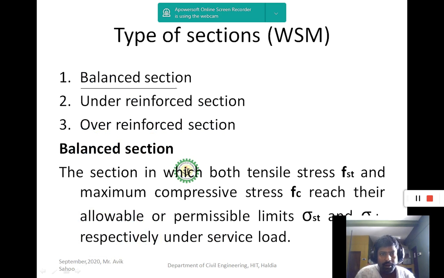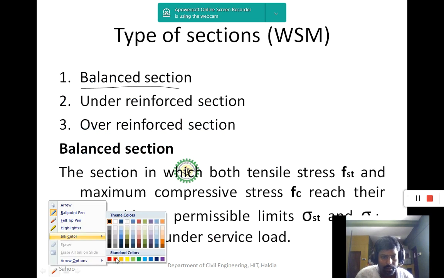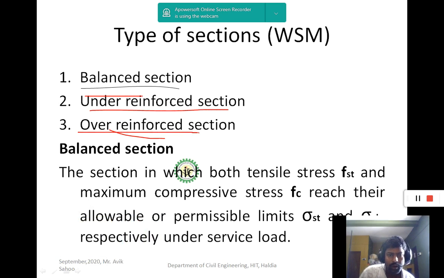One is the balanced section, under-reinforced section, and over-reinforced section. So, in the working stage method, the sections are classified based on stress condition.